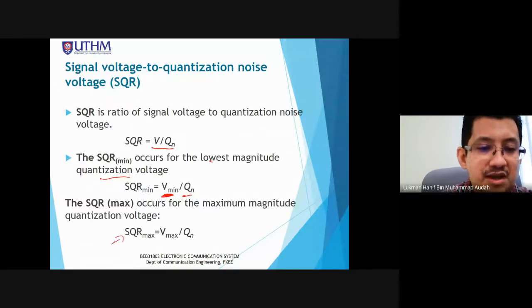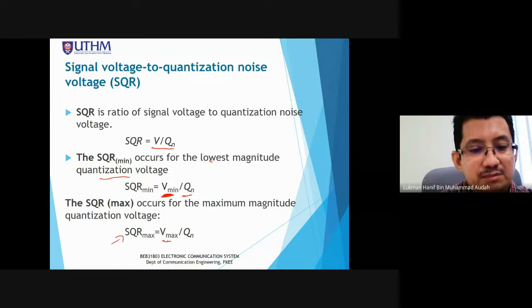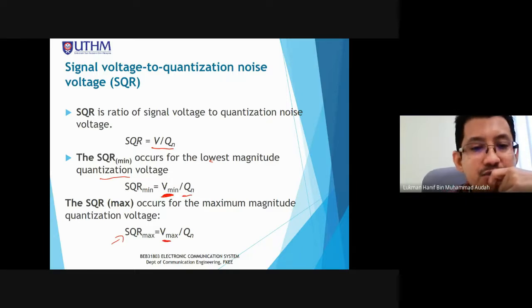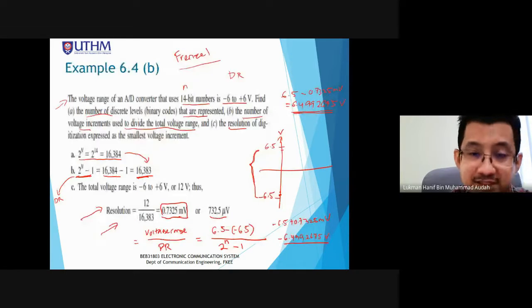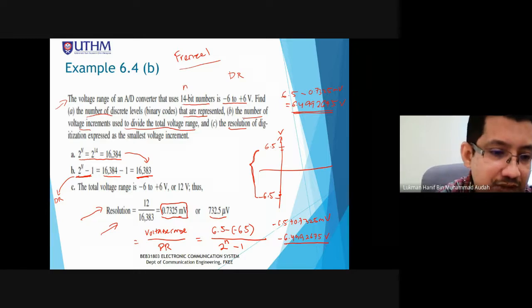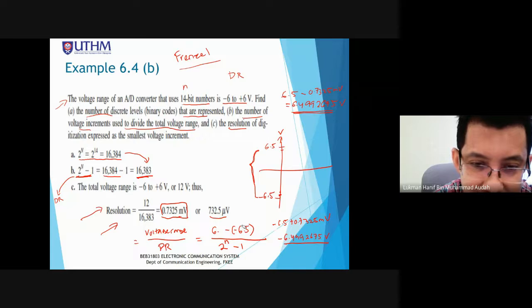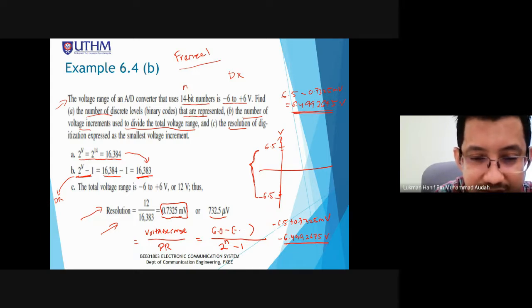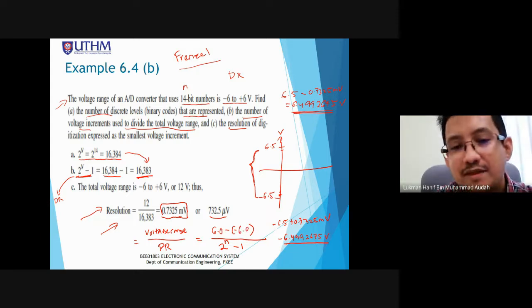And then SQR max is the maximum voltage. Kalau you lihat maximum voltage dalam example ini, maksimumnya adalah kejap, kenapa saya buat 6.5? Sorry yang ni silap sikit. 6.0, okay.